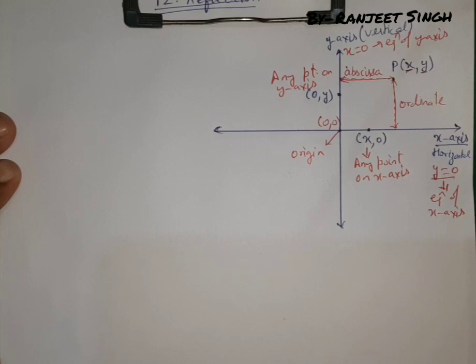Here we will be talking about reflection by a plane mirror. In reflection using a plane mirror, we know that the image is formed behind the mirror at the same distance as the object is in front of the mirror.